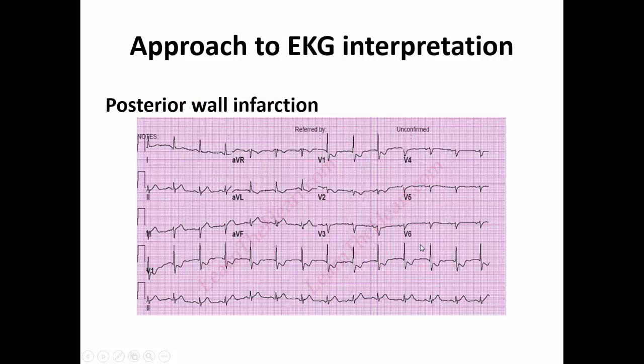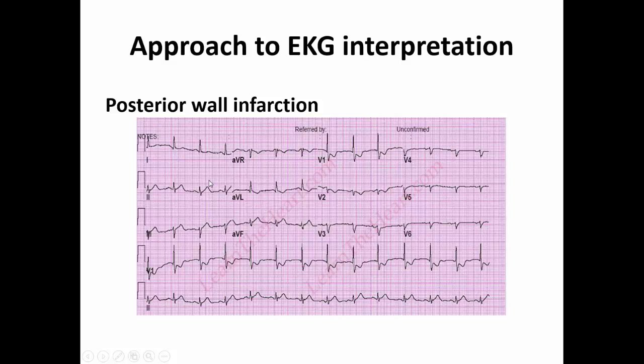Posterior wall of the heart. When we think about the posterior wall, that's kind of on the back side of the heart. It tends to be more of the right ventricle. The heart sort of rotates a little bit in the chest, so the left ventricle is more anterior, and the right is more posterior. The way we diagnose a posterior MI on EKG is generally by ST depression noted in V1.